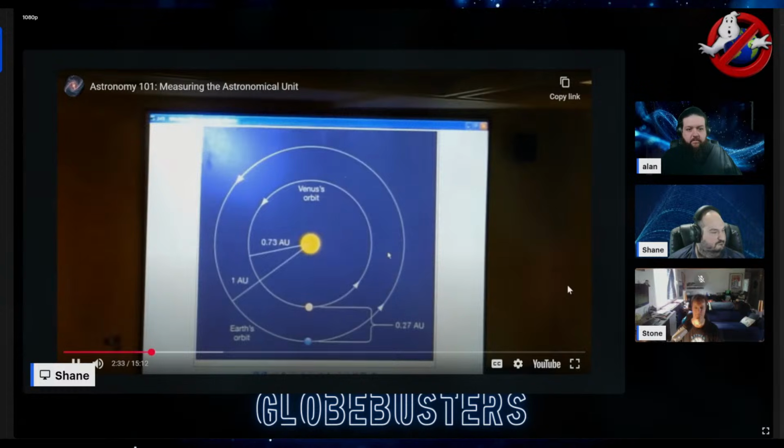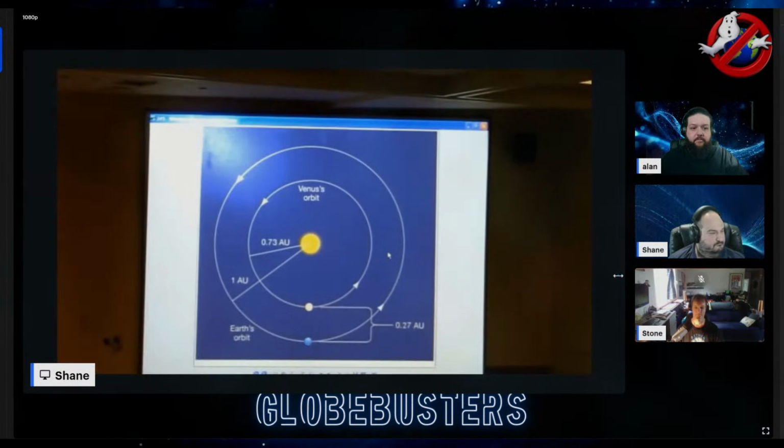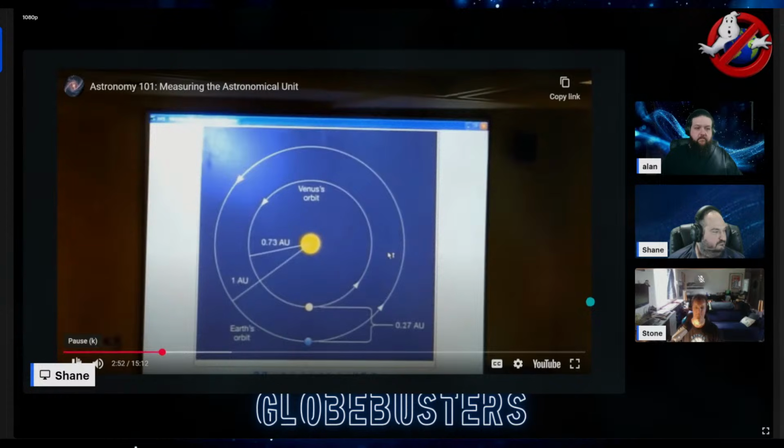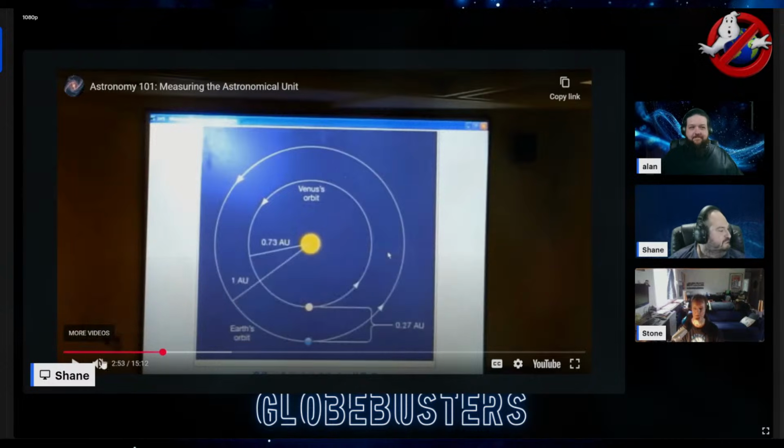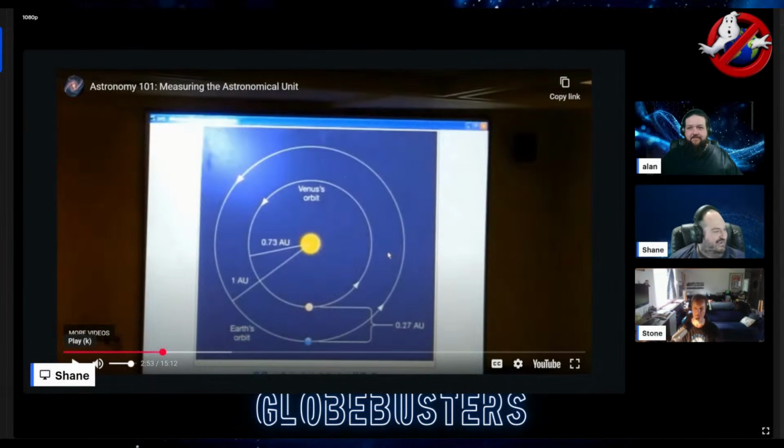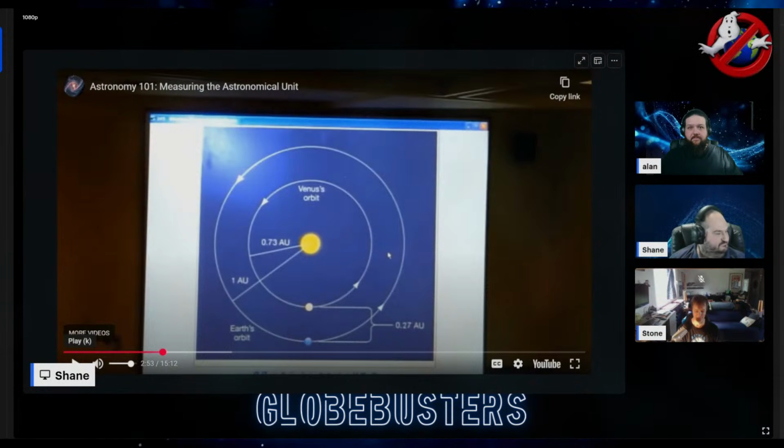So if there's some way that we can measure the distance between Earth and Venus at closest approach in actual units, something like meters or kilometers, then we can figure out how many meters or kilometers are in 1 astronomical unit, and then we know the actual absolute physical distance to everything else orbiting the Sun, because we already know those distances in astronomical units. All we need is this one thing, guys, and then we know the distance to everything, everywhere, forever. Isn't that neat? Remember this frame game. I'm going to refer to it when we're done here.